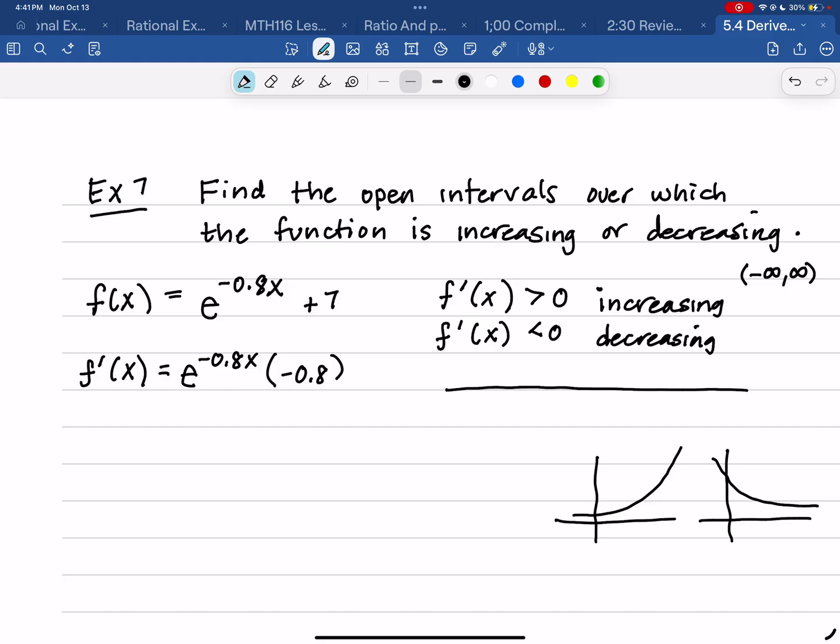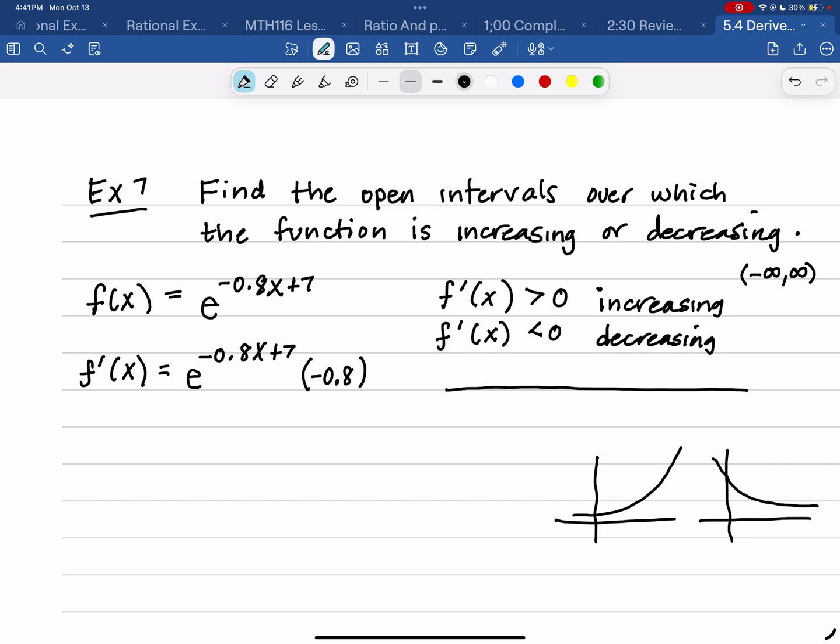Oh, let's see. I wrote this function wrong. Let me fix this. I'm sorry. Y'all bear with me here just a minute. This plus 7 is in the exponent. So e to the negative 0.8x plus 7. So we're going to have to use the chain rule. You copy the e function, then take the derivative of that, which is negative 0.8.